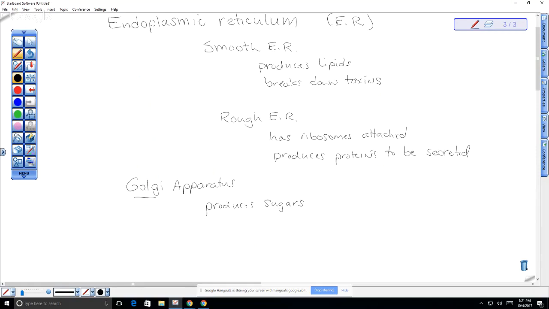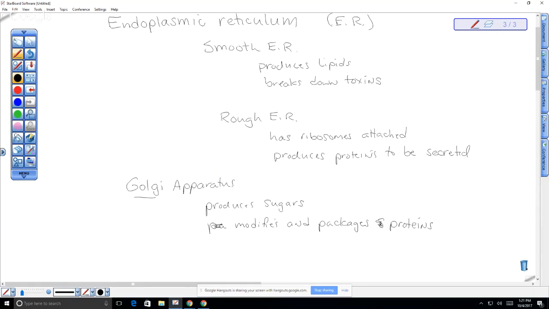It also modifies and packages, let's put modifies first, modifies and packages sugars. Oh, not sugars, sorry, proteins. So proteins that are going to be released go from the rough ER to the Golgi apparatus. This is like your packaging plant. This is like the final place you go if you're a protein before you get secreted.